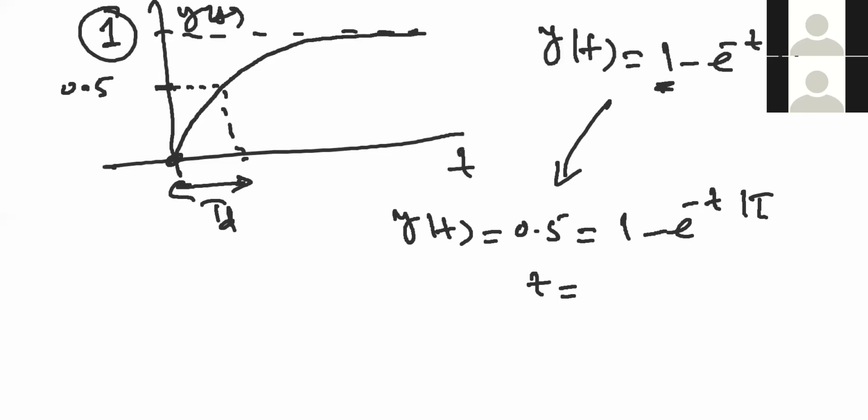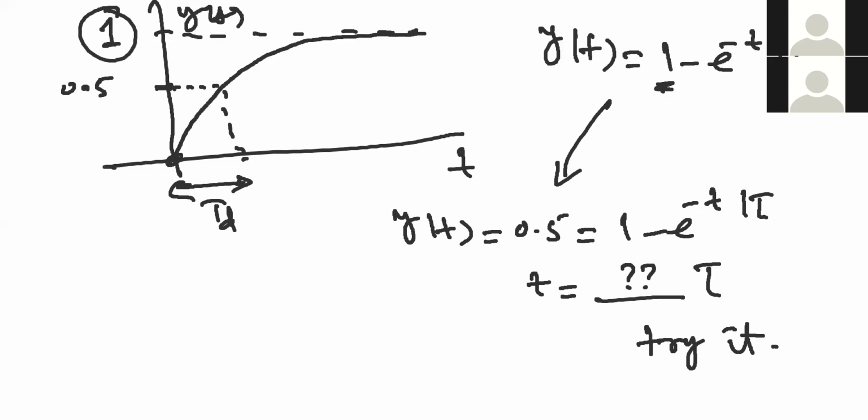So you have to find the time, and you can find it in terms of the time constant. You can easily find this also. You have to find it by yourself. Try it, and it will help you to learn what the delay time is.